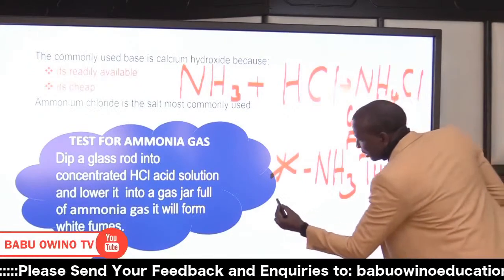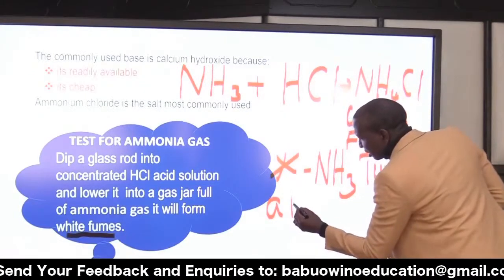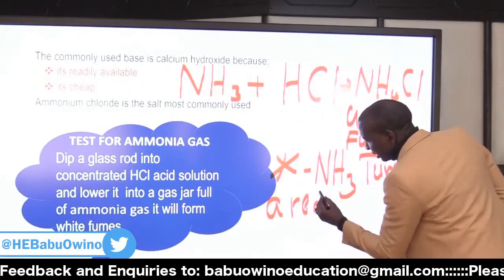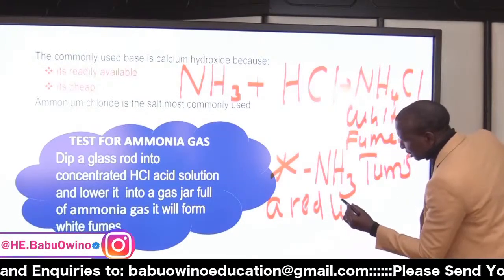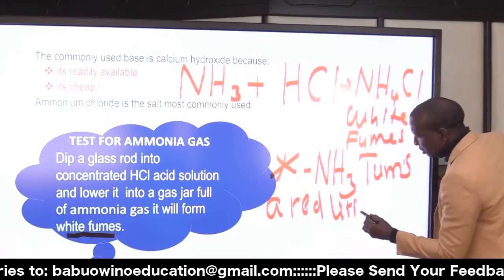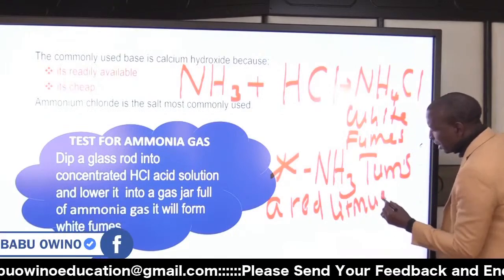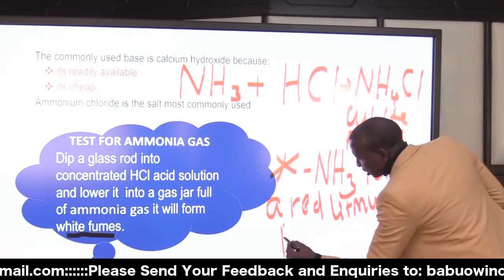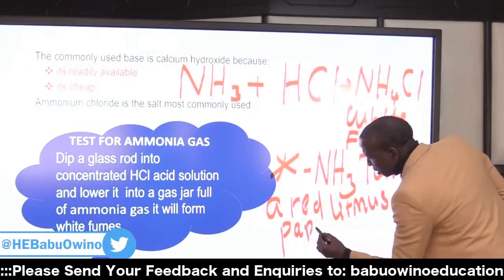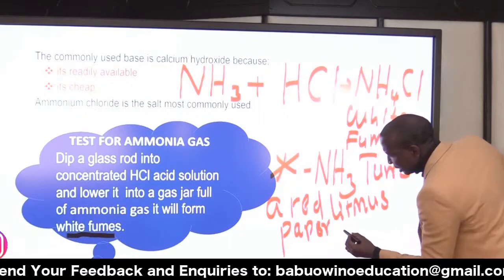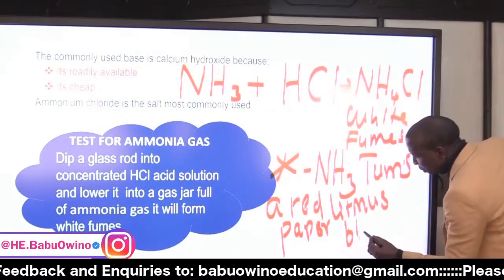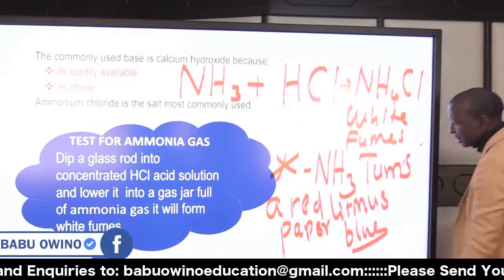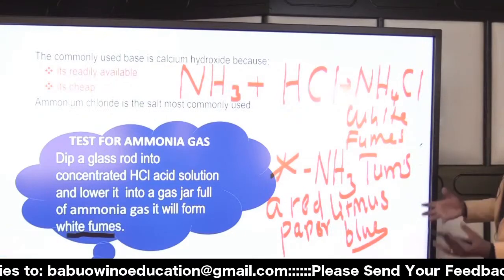turns a red litmus paper blue. Ammonia turns a red litmus paper blue, meaning that it is alkaline.